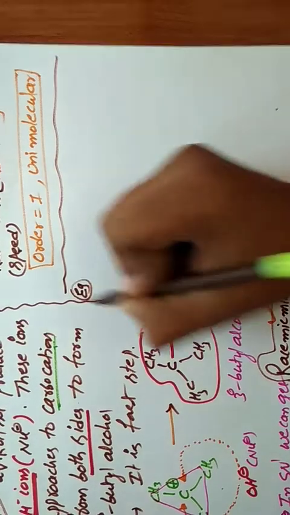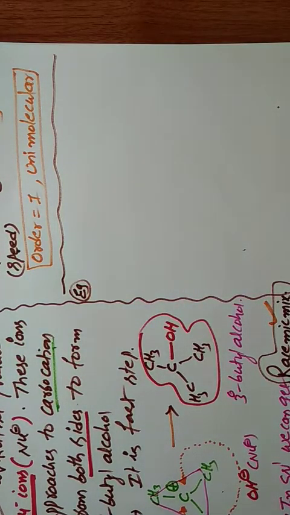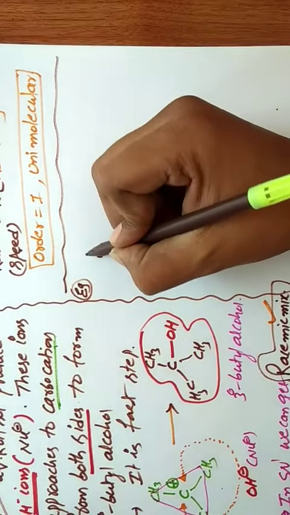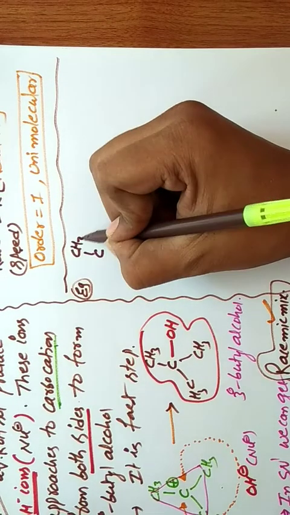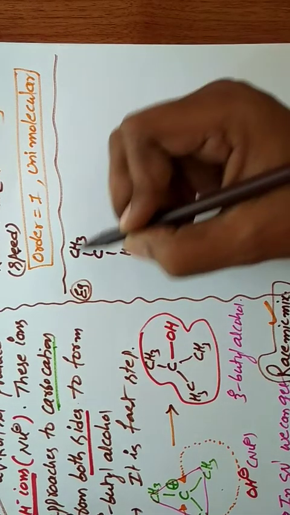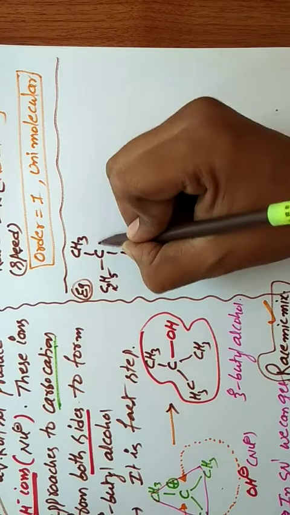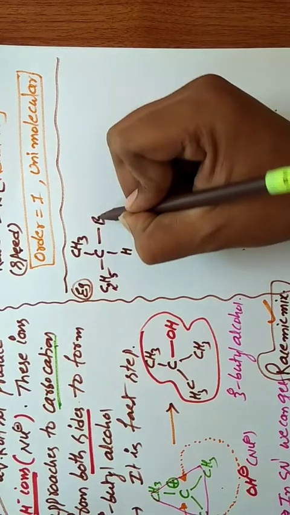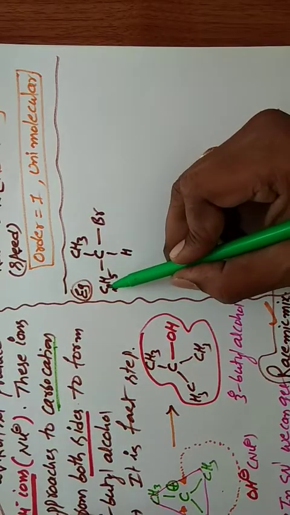CH3, here one hydrogen, here C2H5, bond Br. What is the name of this compound? 2 carbons, 3rd carbon, 4th carbon, 1, 2 bromo, 2 bromo butane.